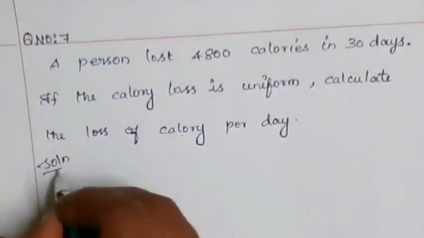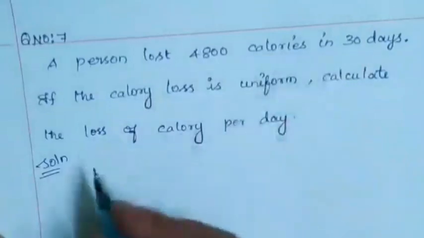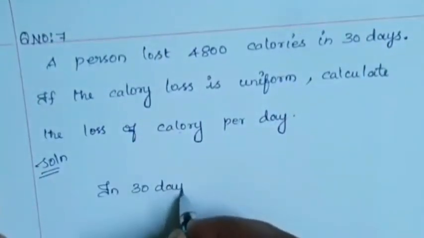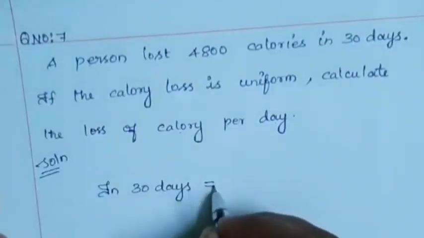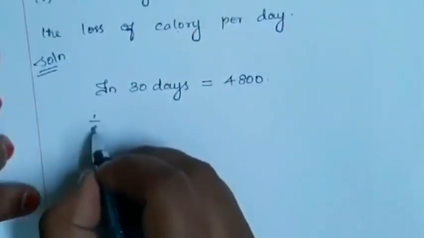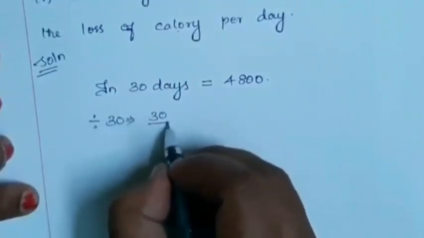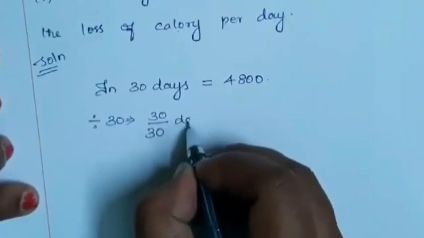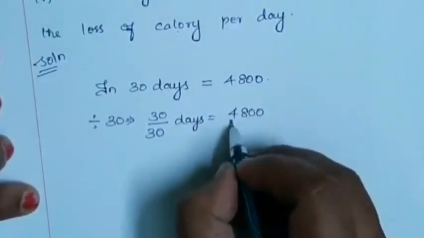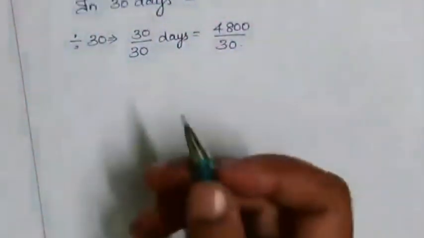Let's find the answer by given. Loss of calories in 30 days is equal to 4,800 calories. Divide by 30 on both sides. 30 by 30 days is equal to 4,800 divided by 30 calories.